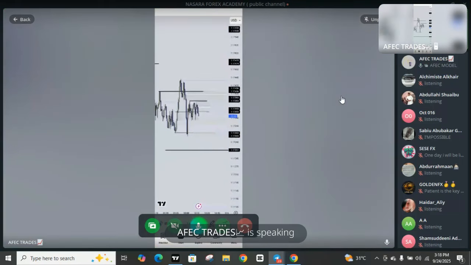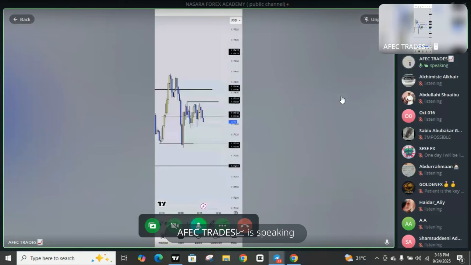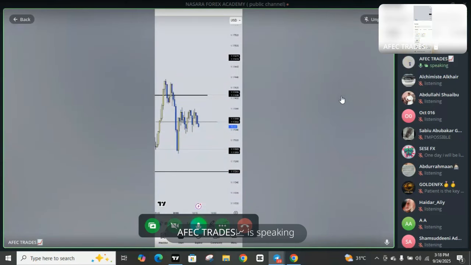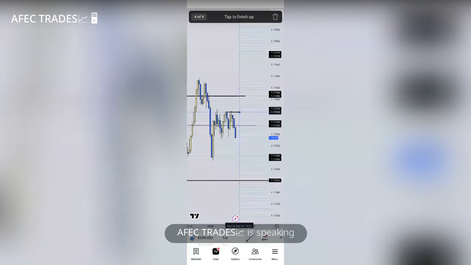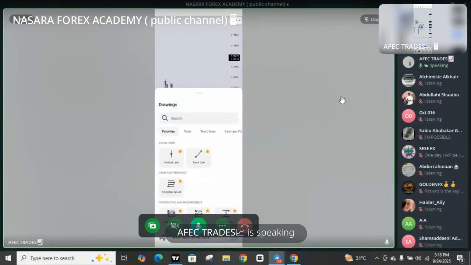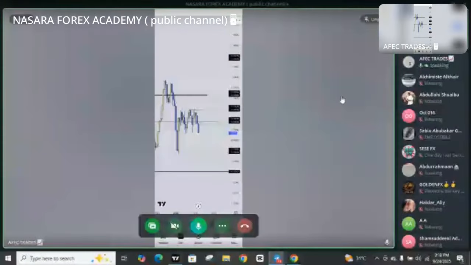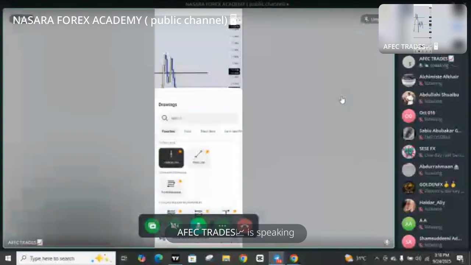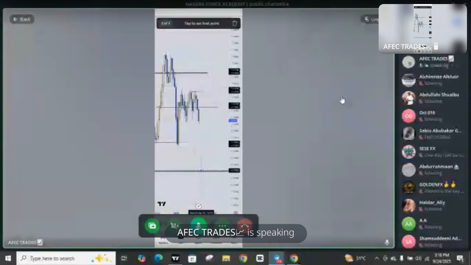So Euro USD didn't take out our high, but then it takes out this little high, which I can consider also as manipulation to draw price to go into the target, right? So we have this low taken.